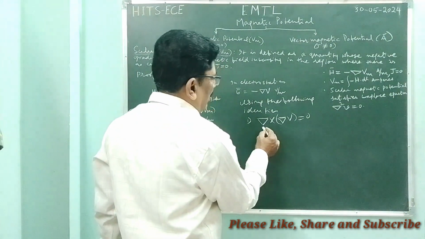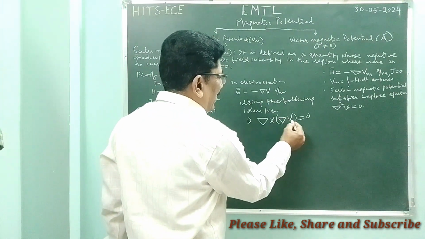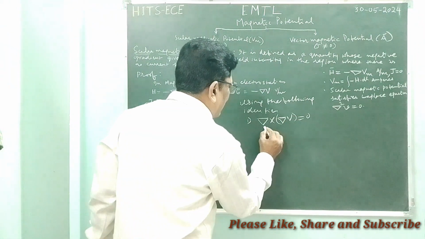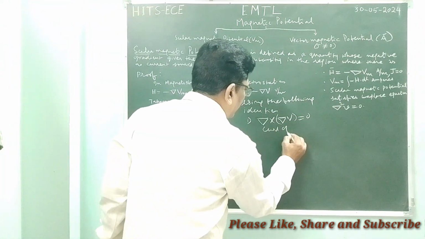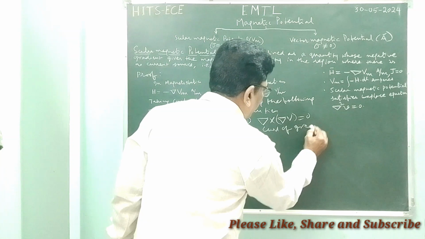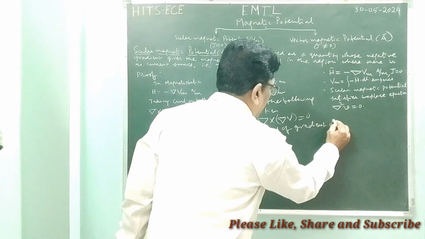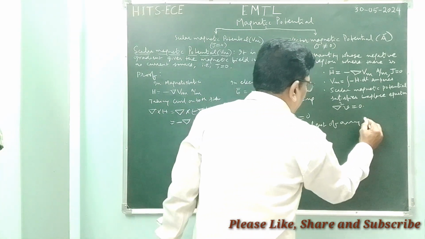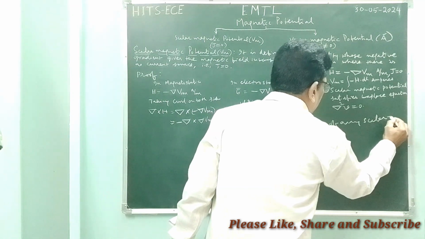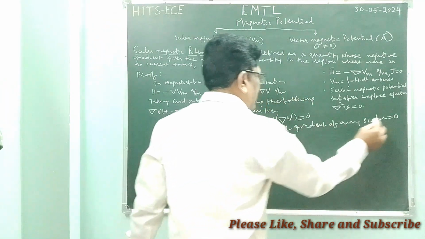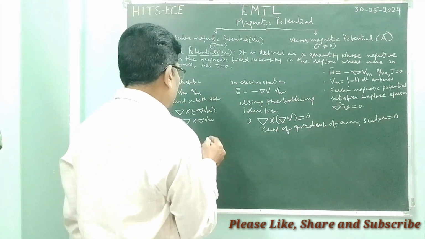This is curl of gradient of any scalar is 0. This is the identity that we are going to use.